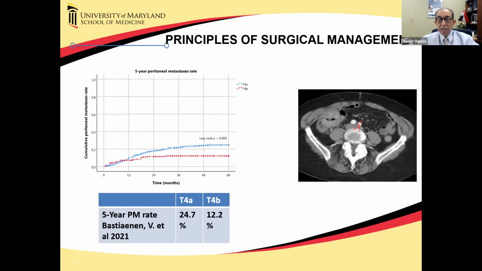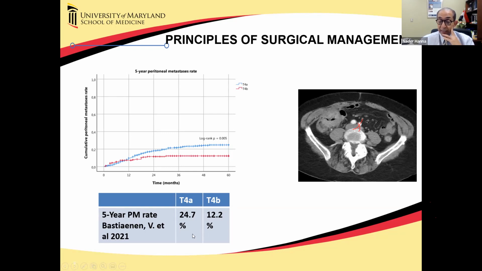This was a paper that was published a couple of years ago, which looked specifically at the difference in the rate of peritoneal carcinomatosis between T4a and T4b. They followed these patients, T4a and T4b, for 5 years. And what you notice is that the 5-year peritoneal metastasis rate, this was just published last year, for T4a was 24.7% versus 12.2% for T4b.